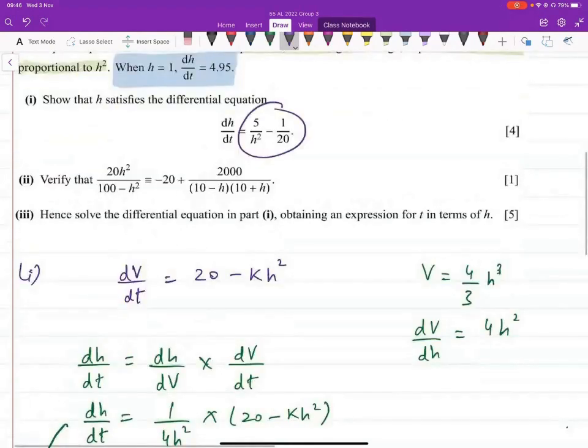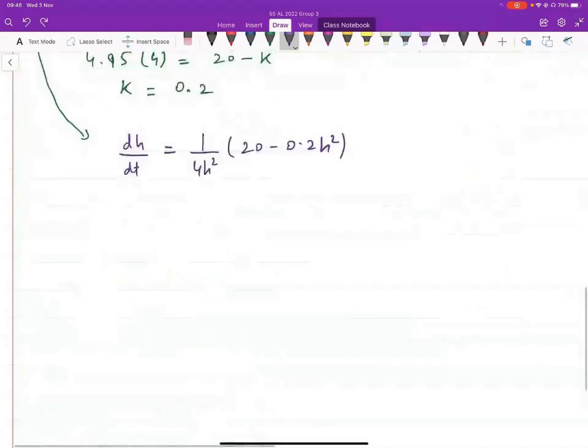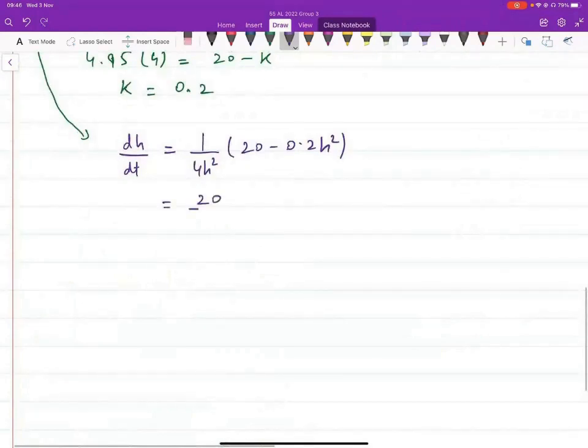Here we've got two separate terms. So we break it into two separate terms. We can say this is the same thing as 20 over 4h square minus 0.2h square divided by 4h square.